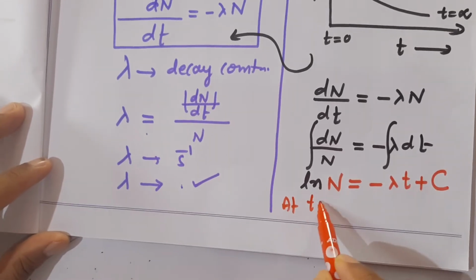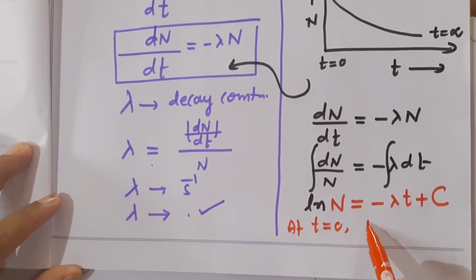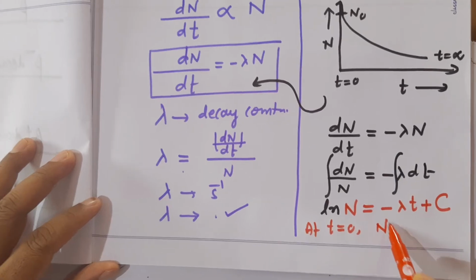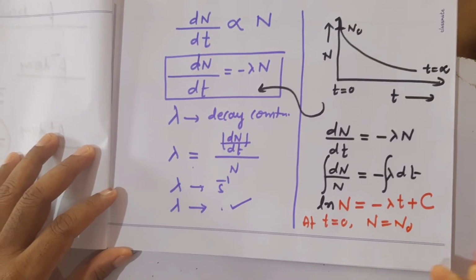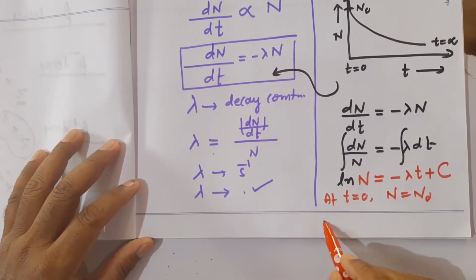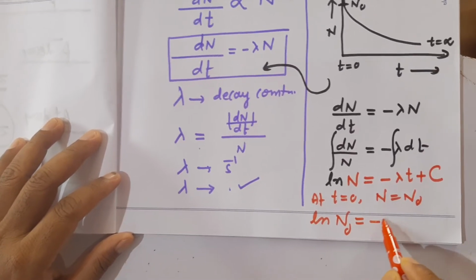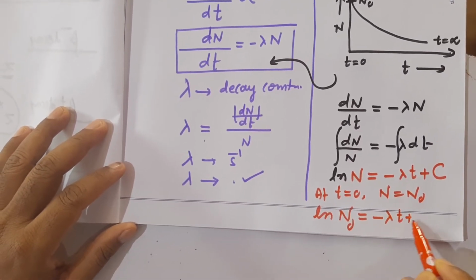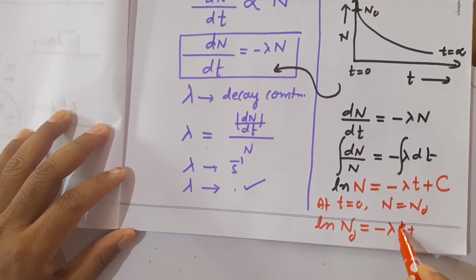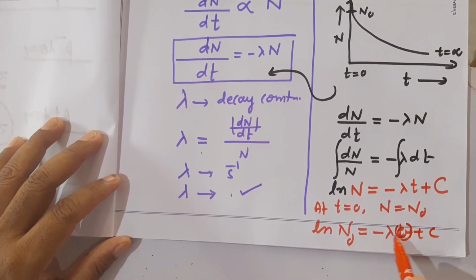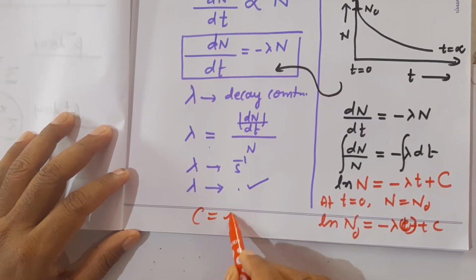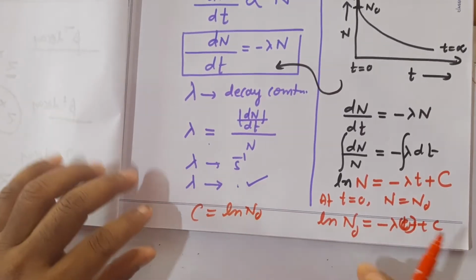At t equal to 0, the number of nuclei N equals N0. Substituting, we get log N0 equals c. Then c equals log N0.